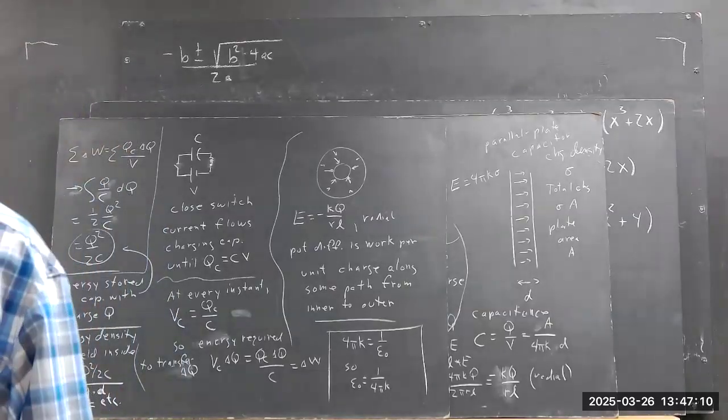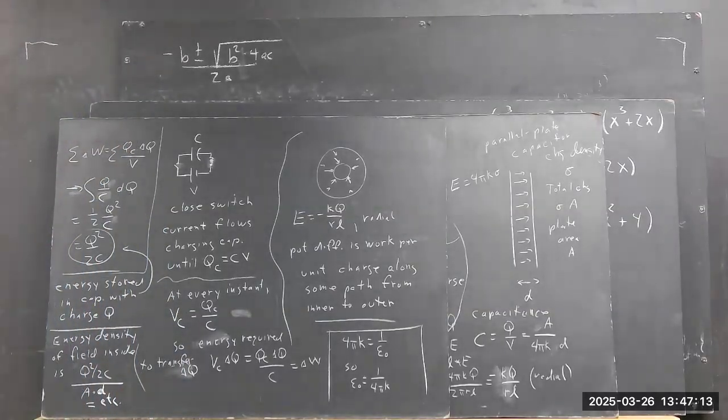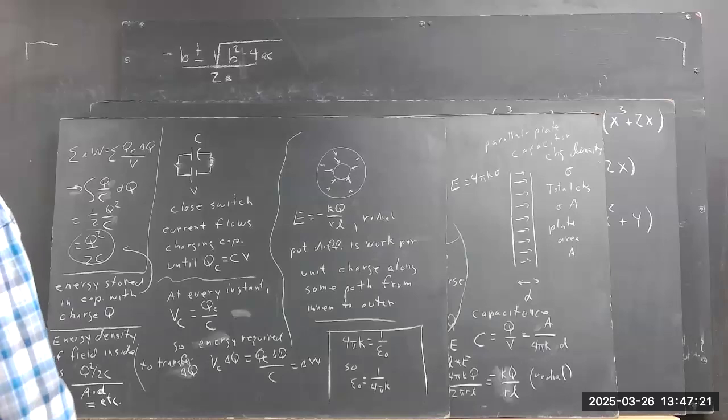And you see a formula where the energy density is 1/2 epsilon naught E squared.